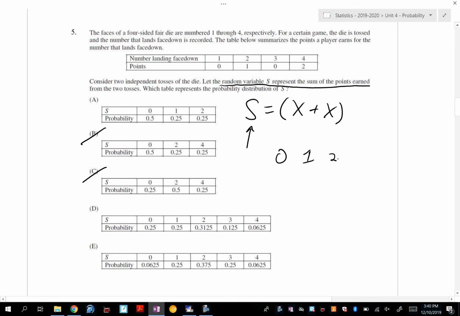Yeah, 2 and 2, or a 1 and a 4, or a 4 and a 1. So I can get 2. Could I get 3? Yes, a 2 and a 4. So now I can cross out A, because A doesn't have the 3. And then can I get 4? Yes, I can roll back-to-back 4s.